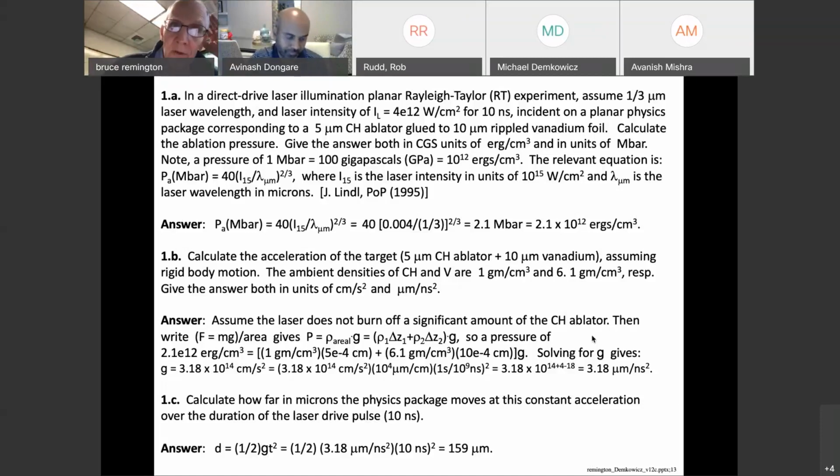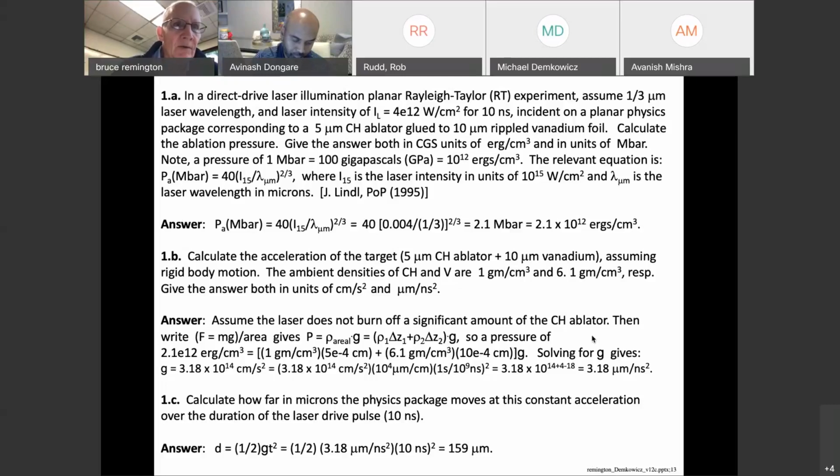The formula to use is from a John Lindl paper in 1995 that gives the ablation pressure in megabars as 40 times the ratio of laser intensity to wavelength to the 2/3 power, where the laser intensity is given in units of 10 to the 15 watts per square centimeter, and the wavelength in microns.